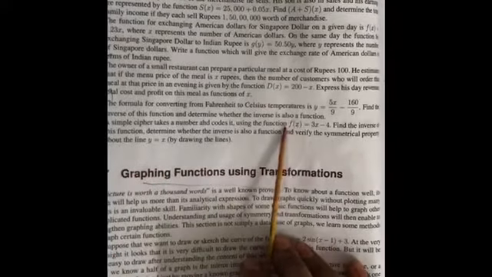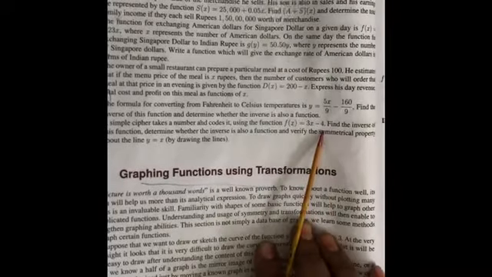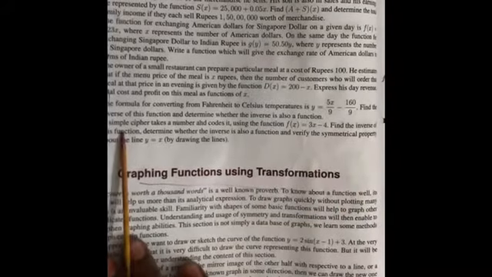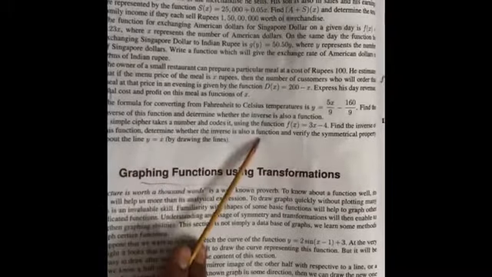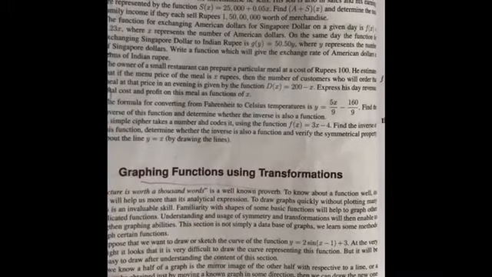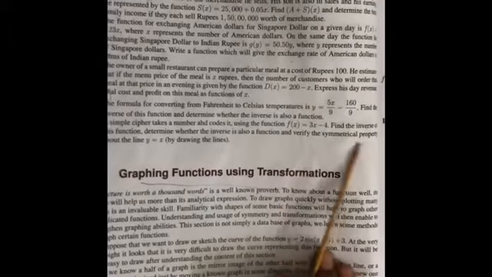So, the function is f of x is equal to 3x minus 4. First, we have to find the inverse of this function. Then, we have to determine whether the inverse is also a function. It is similar to the previous problem. And then the last question is, we have to verify the symmetrical property about the line y is equal to x.